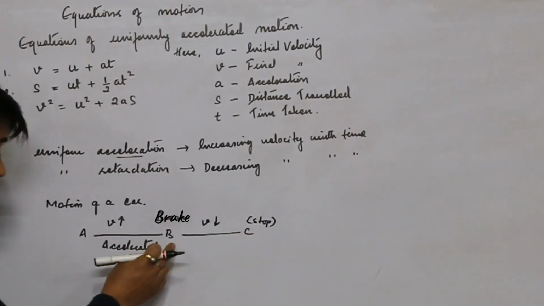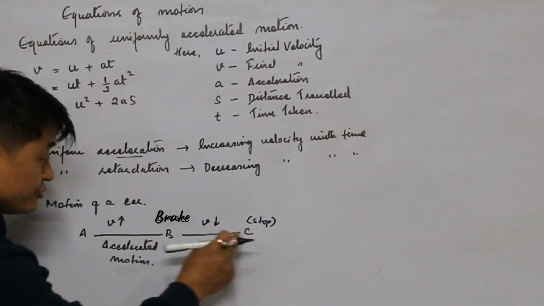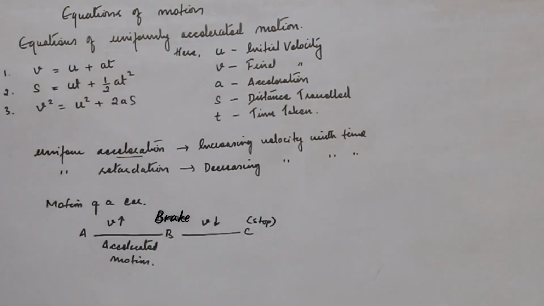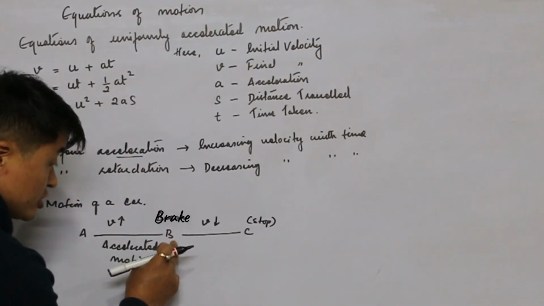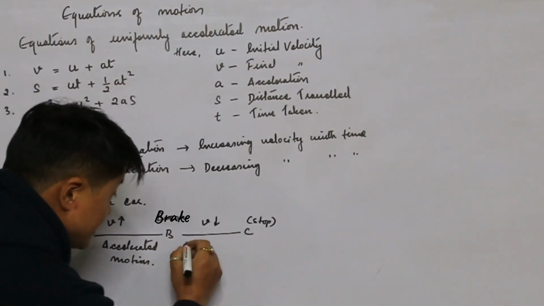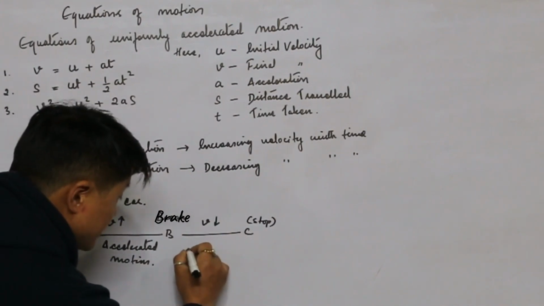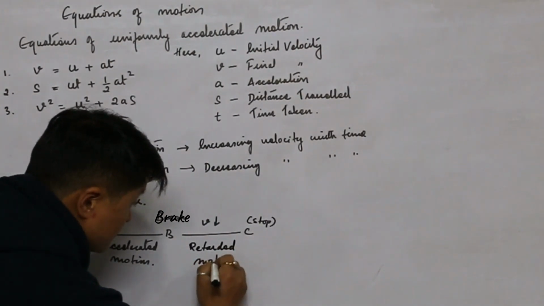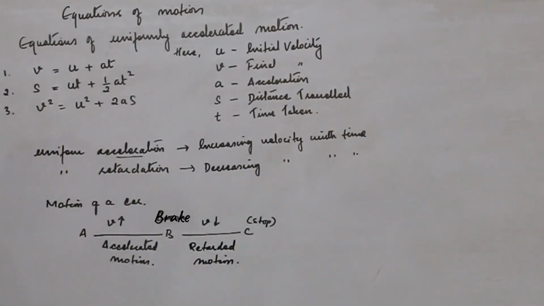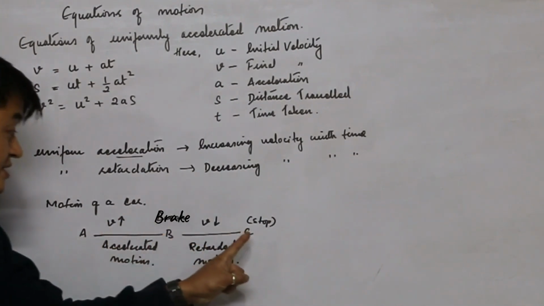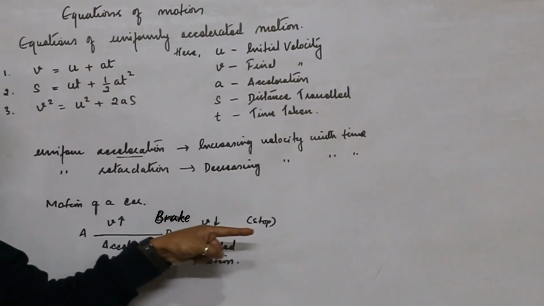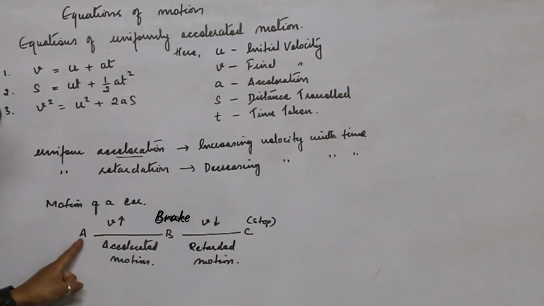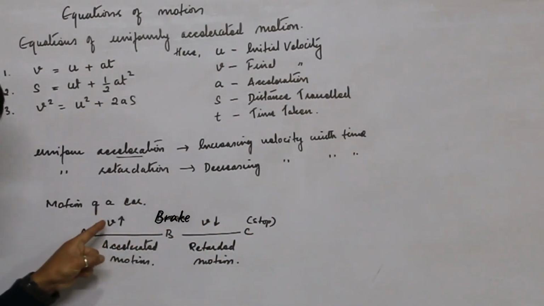We have noticed here, when the car is moving from B to C, its velocity is decreasing and finally it is becoming 0. So the motion of the car from B to C is your decelerated motion, or we can say retarded motion. Okay. Velocity is what?